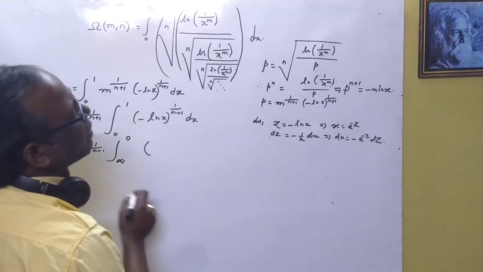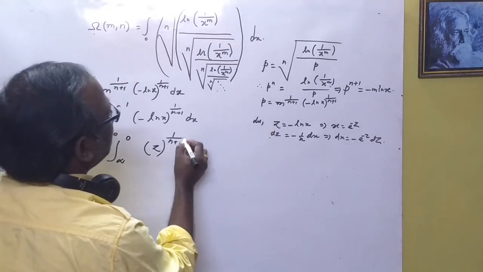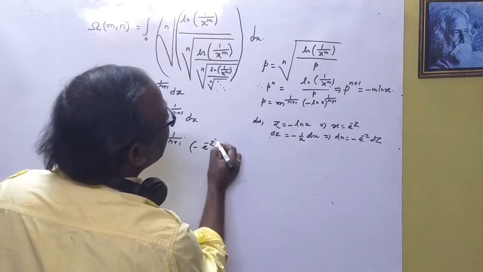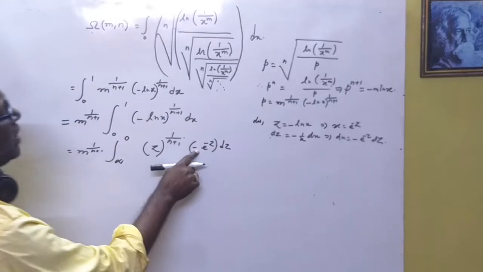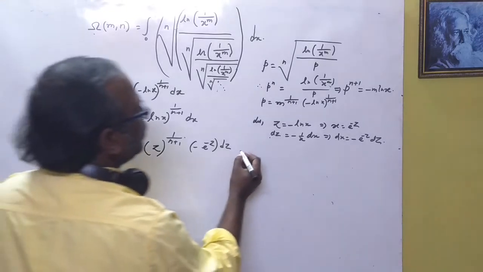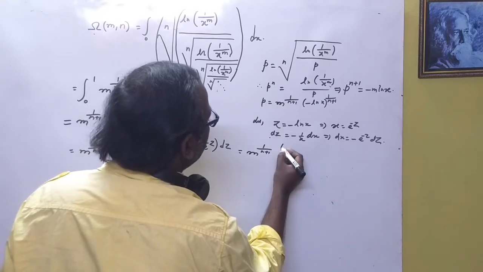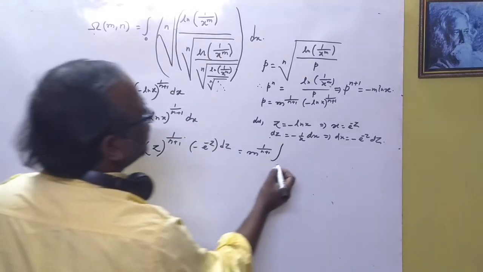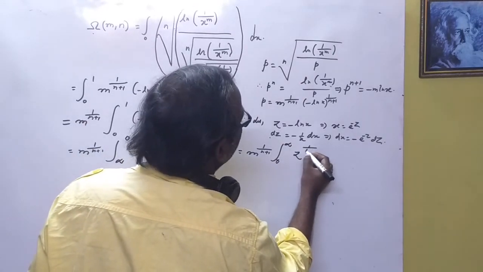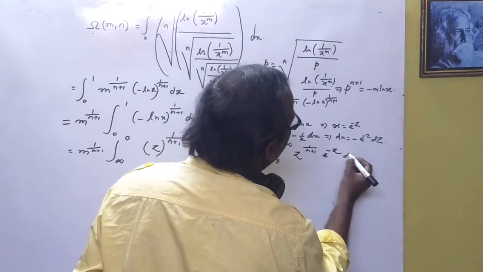Now the variable is z, so z to the power 1/(n+1), and since dx is equal to minus e to the power minus z dz, there is a minus, which flips the limits. So m to the power 1/(n+1), with limits 0 to infinity: lower is 0, upper is infinity.